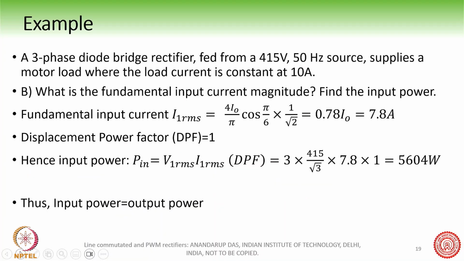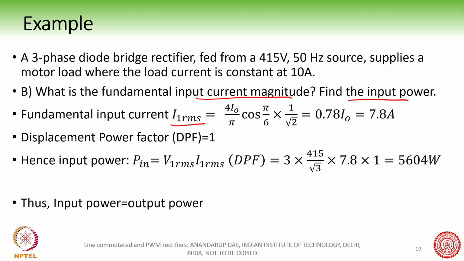Now the next question is, what is the fundamental input current magnitude and the input power? First we talked about the output side, and now the input side. So let us see. The fundamental input current, I1 RMS. We know that this current is basically a quasi square wave current, which we have seen in the first slide.